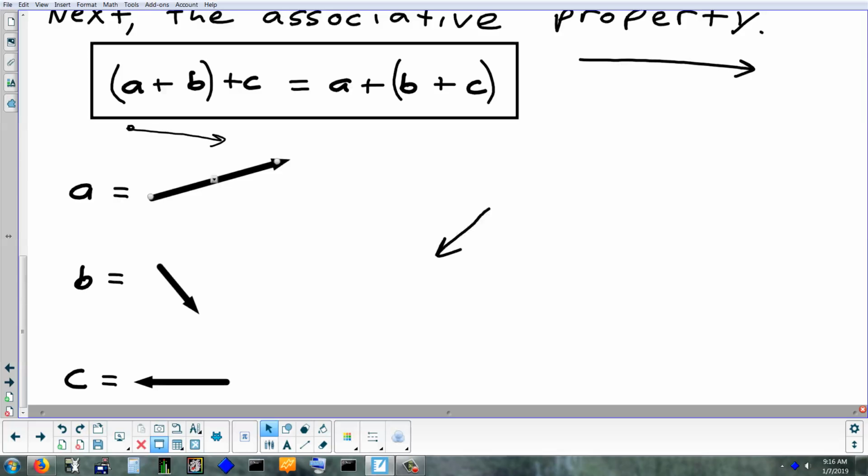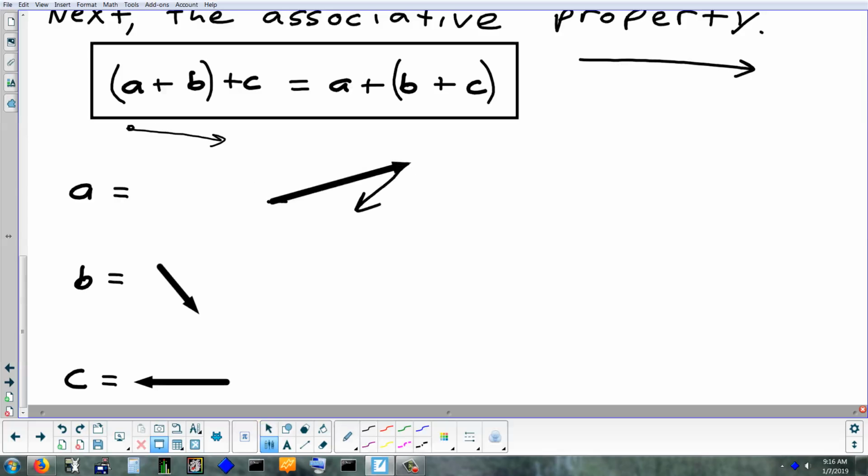So here's A plus what I just did. Okay, well, let's do that one. Connect it. And again, it's not perfect, but it's pretty close. All right. So again, order doesn't matter. The associative property works with vectors.